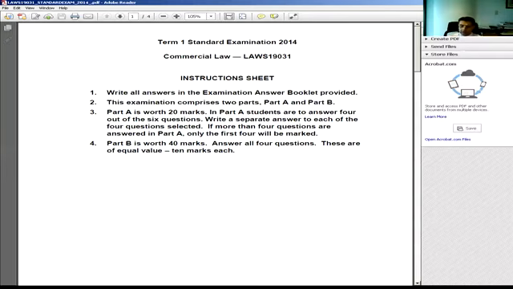Question 3 is 17 lines long. Question 4 is 13 lines long approximately. So each of the 4 questions in part B is worth 10 marks.